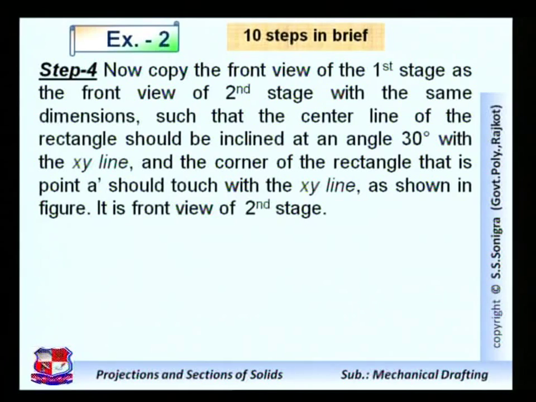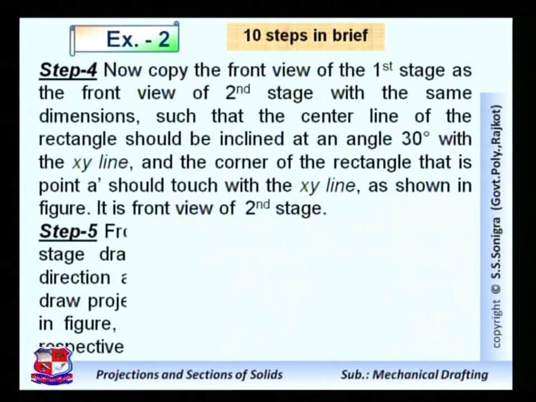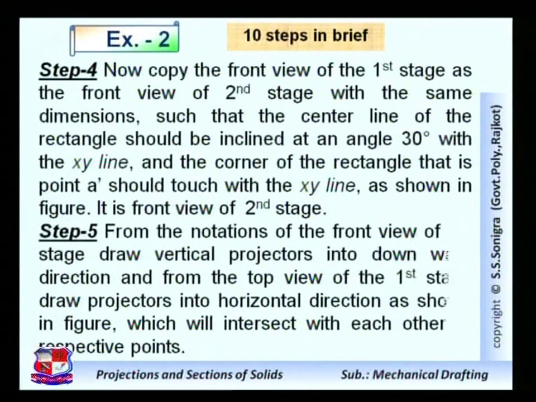It is the front view of the second stage. Step 5. From the notations of the front view of the second stage, draw vertical projections in the downward direction, and from the top view of the first stage, draw projectors in the horizontal direction as shown in the figure, which will intersect with each other at respective points.